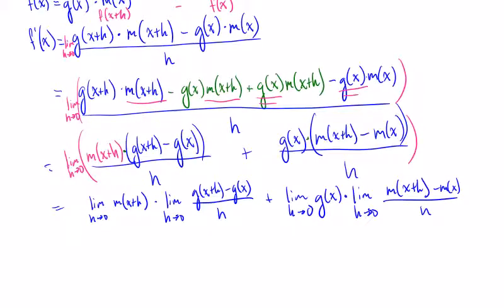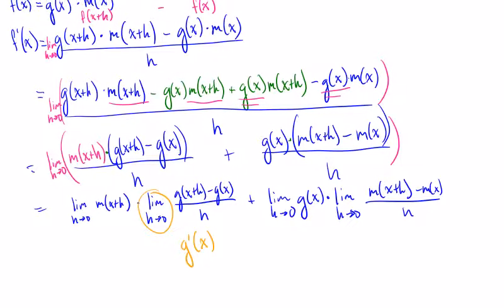So this here is by definition g prime of x, right? g of x plus h minus g of x all over h as h approaches 0. That's g prime of x, okay? And similarly, this is m prime of x, right? This whole thing is the limit definition of m prime of x. All right, so that's what those turn into.